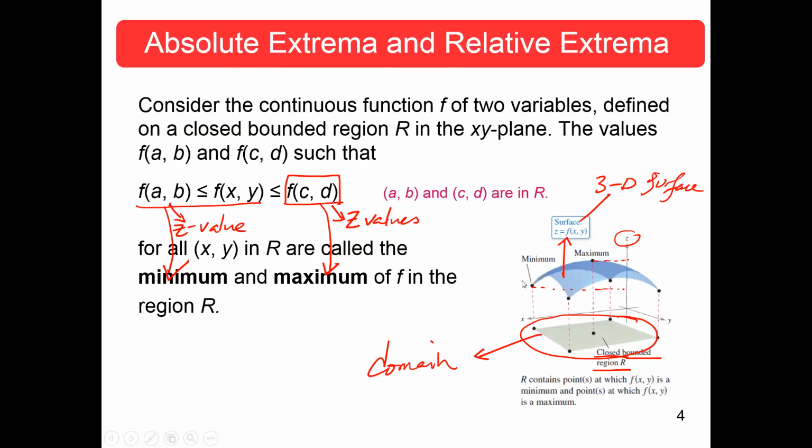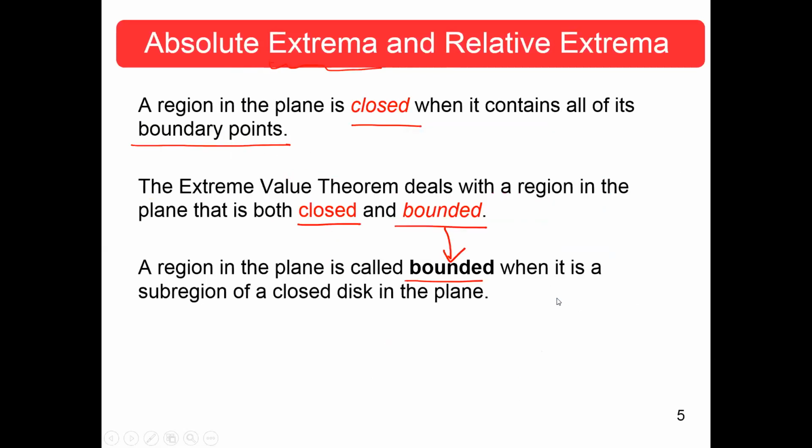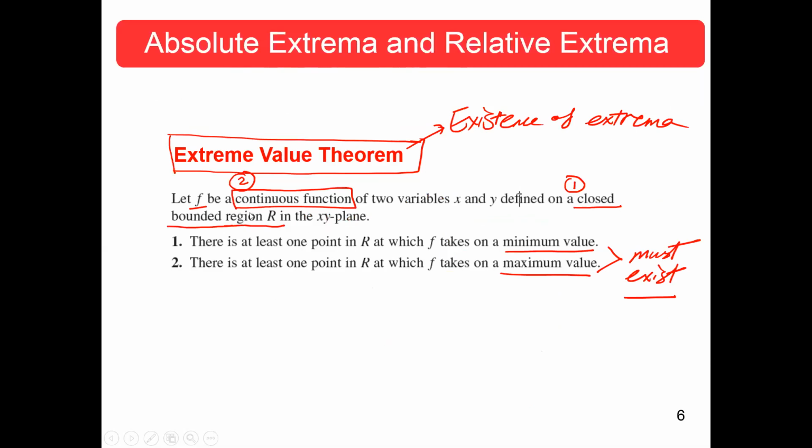This graph here shows an absolute max and an absolute min. We said the existence of extrema is confirmed if the function is continuous and defined on a closed, bounded region. If there are such two conditions, you can be sure that the function must have a minimum and a maximum.